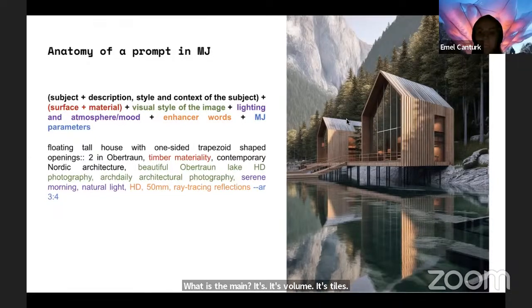For example, most of the time I use real places, like Obertraun. Obertraun is a small village in Austria, near Hallstatt. It has a really beautiful lake surrounded by mountains, so this image really looks like Obertraun.